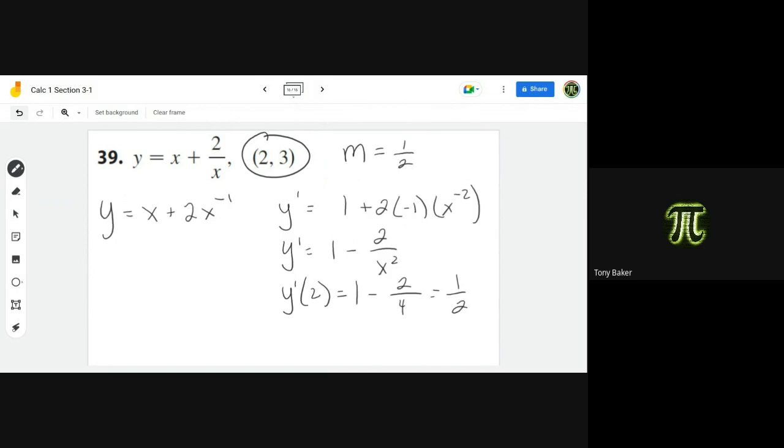You get 3. That's not giving me your slope though. Right, but you need to find your slope. If you plug 2 into the original problem, you're going to get 3. That's the point on the graph. I want to know the slope at that point.